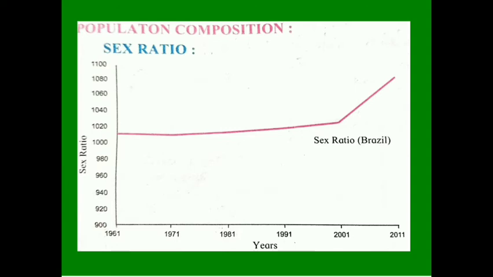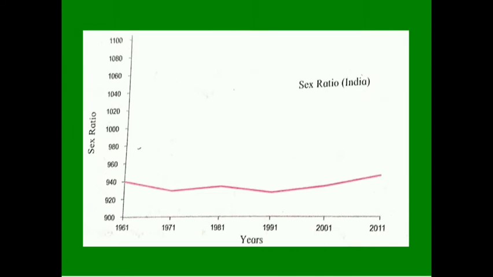But when it comes to India, we have a different scenario. The graph of India gives us a clear picture of the sex ratio of India. We can see that in the year 1961, the ratio was 940 females to 1000 males. That means if there were 1000 males, the number of females was 940.